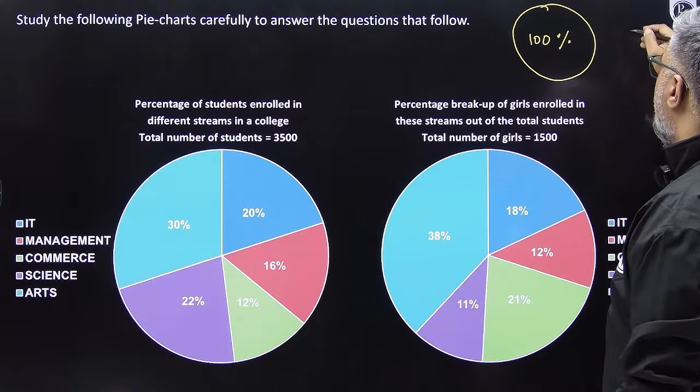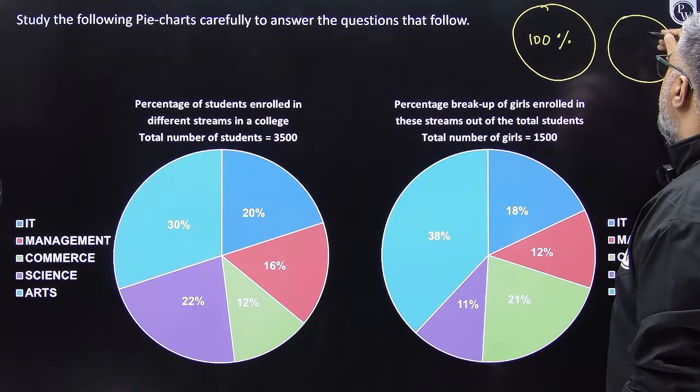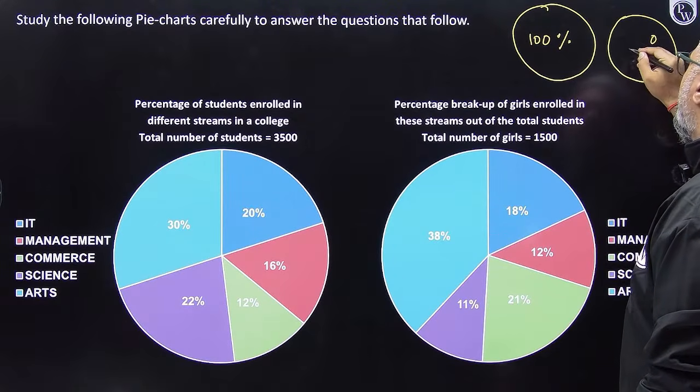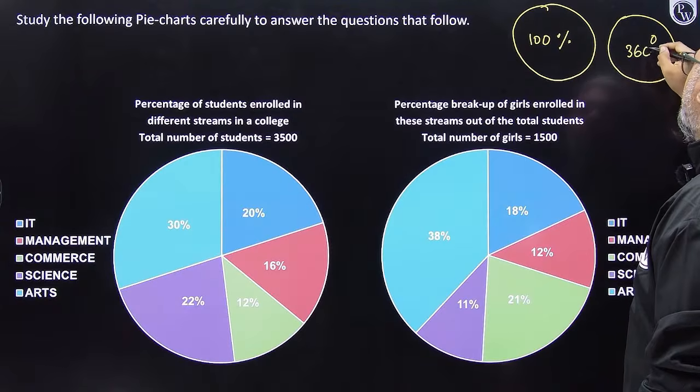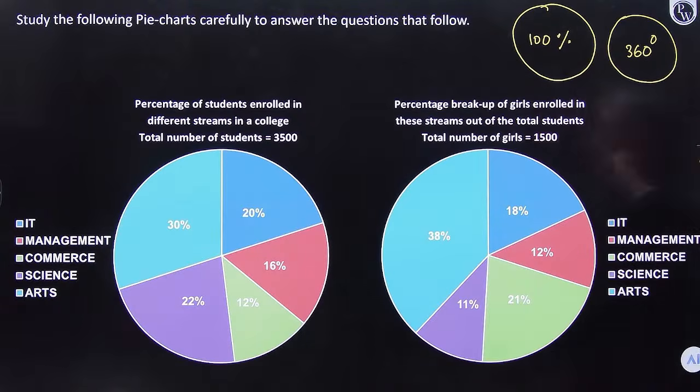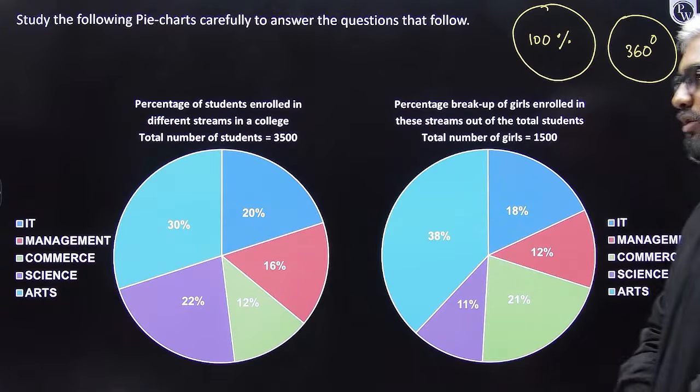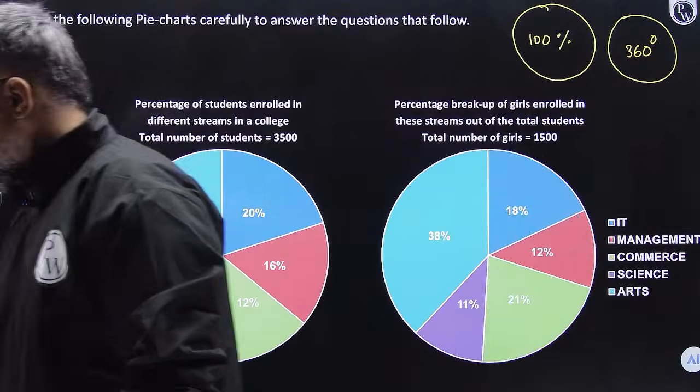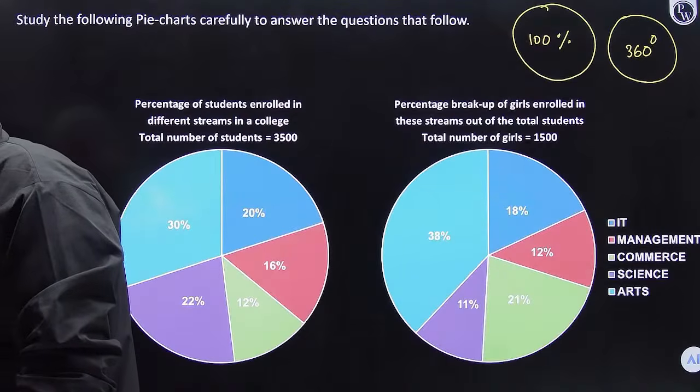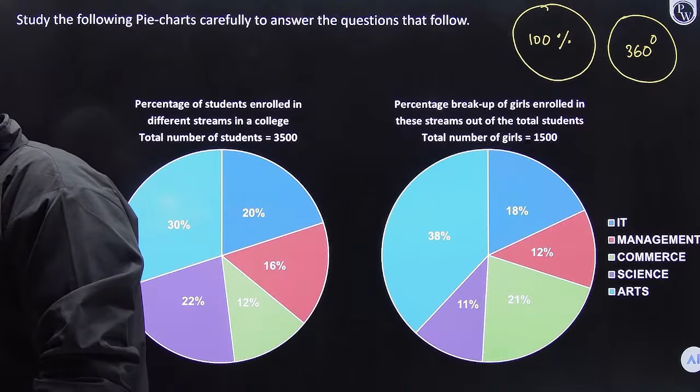And if a pie chart is given in degrees, you always have to calculate if it adds up to 360 degrees or not. That's a very important step when it comes to pie charts, because whenever they give you distribution, whenever they give you split up or classification of something, it should add up to the whole. Yes, that's very important. So quickly first check if both these pie charts are adding up to 100 or not.